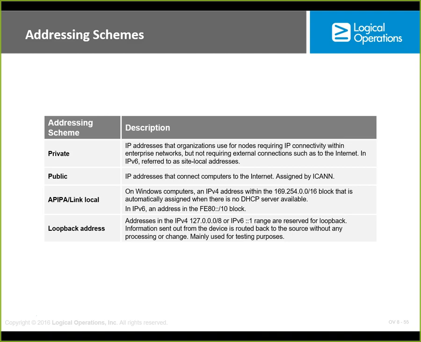Windows computers use an IP address in the 169.254/16 block that is automatically assigned when there's no DHCP server. We're going to talk about DHCP and look at a DHCP server a little later in this section. DHCP is a protocol known as Dynamic Host Configuration Protocol.